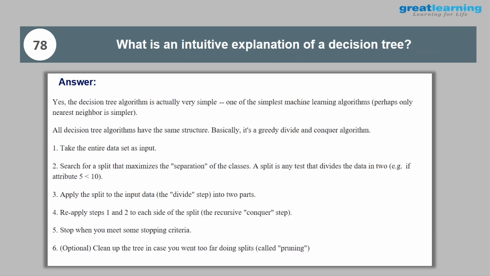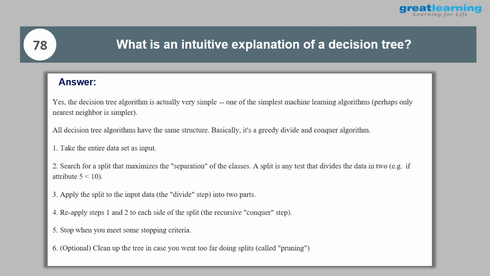Now let's have a look at an intuitive explanation of a decision tree. Yes, the decision tree algorithm is actually very simple. It is one of the simplest machine learning algorithms, perhaps only nearest neighbor is simpler. All decision tree algorithms have the same structure. Basically, it's a greedy divide-and-conquer algorithm. 1. Take the entire dataset as an input. 2. Search for a split to maximize the separation of the classes.